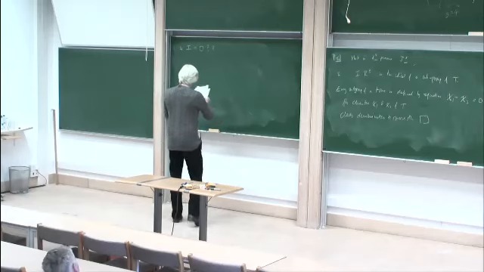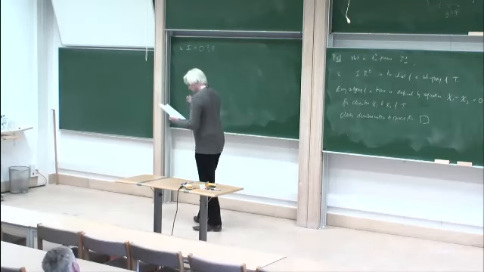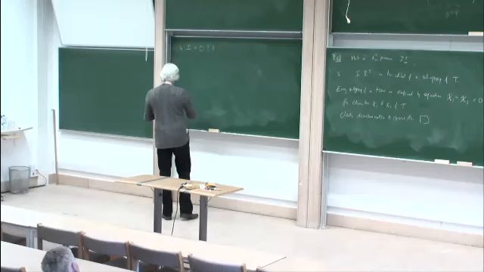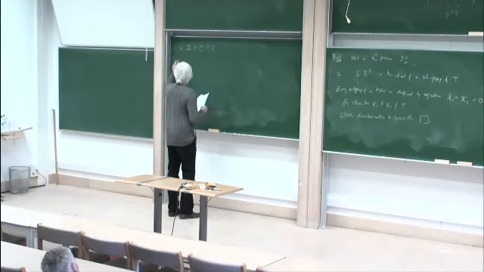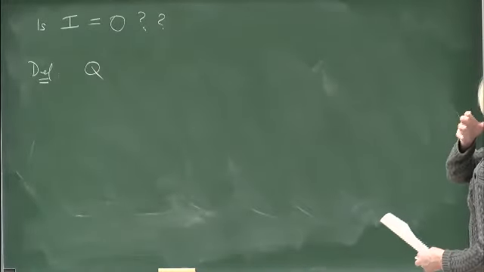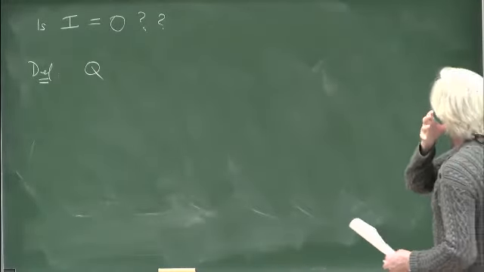Okay. So I have to make a rather boring definition simply to state the result that I can prove. Definition: Q is my quadratic form, even, unimodular, positive definite.